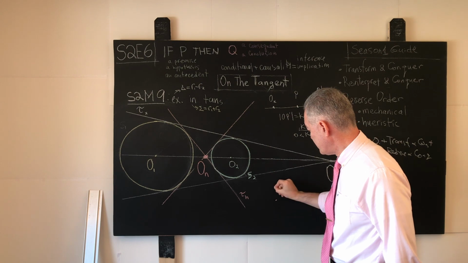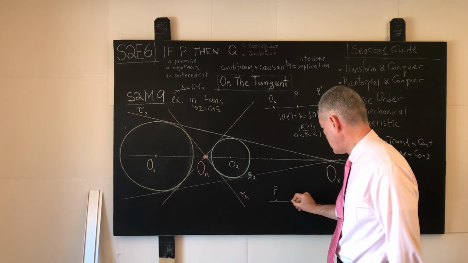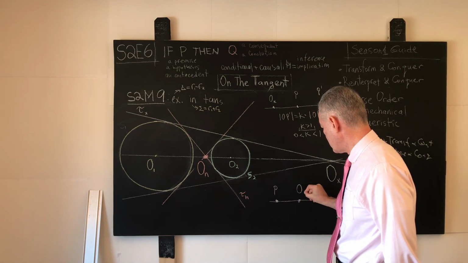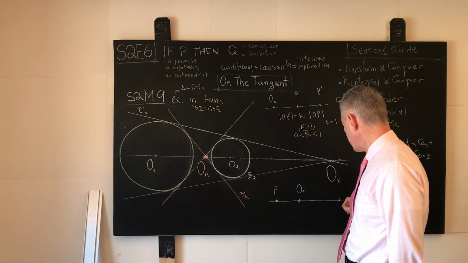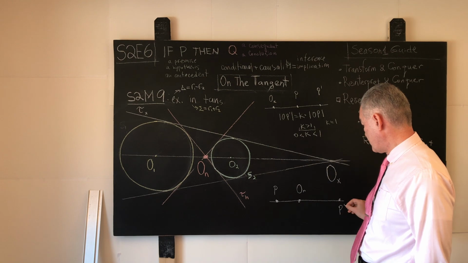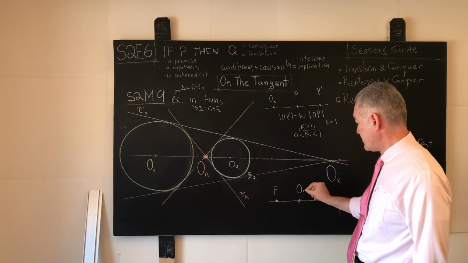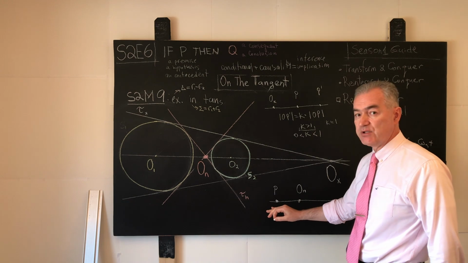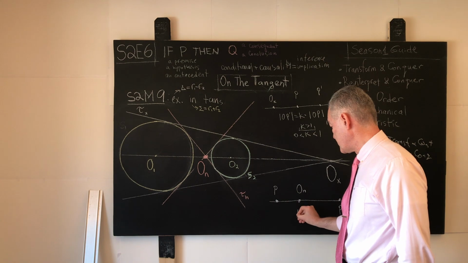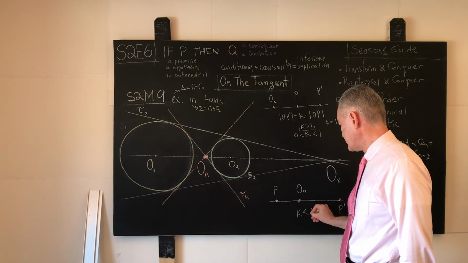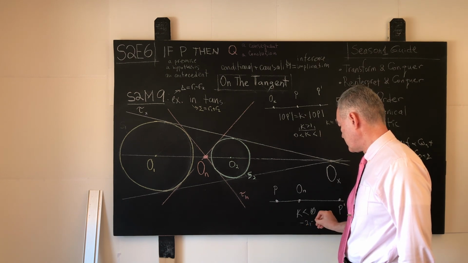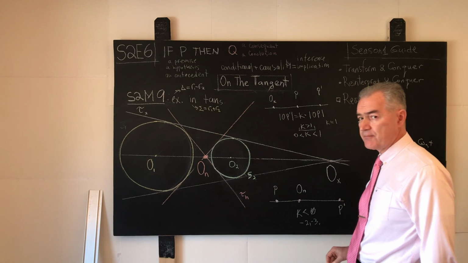If this is the point P, this is the center of homothety O, it will be called internal, and then the homothetical image of the point P is the point P prime, such that the center of homothety is located in between the points P and P prime. In this case, the coefficient of homothety is less than 0, or negative, such as, for example, -2 or -3, and so on.